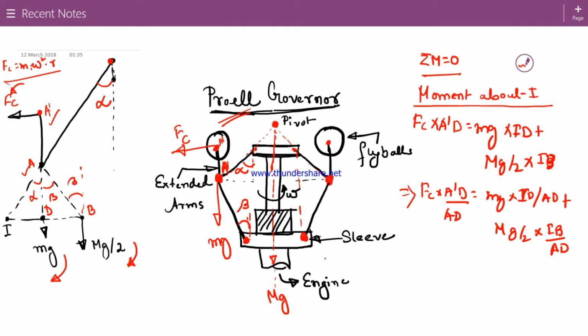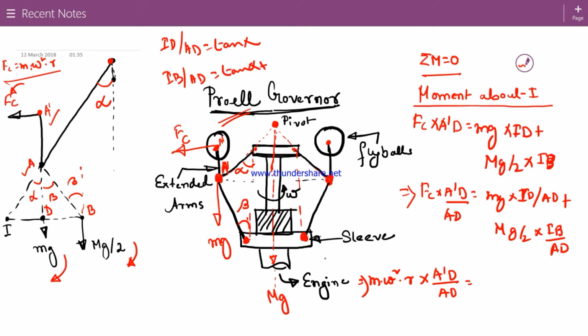Okay, so let's suppose we keep this ratio as it is and put the value m omega square r into A dash D by AD. And if we take common, as we know, this id by AD is nothing but your tan alpha, and ib by AD is nothing but your tan alpha plus tan beta, isn't it?